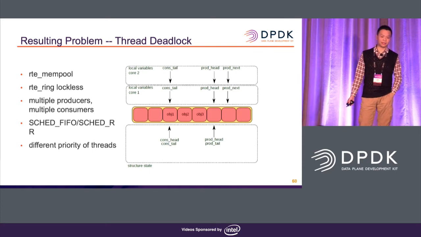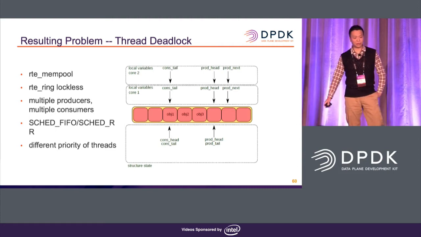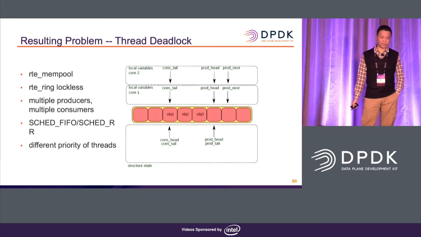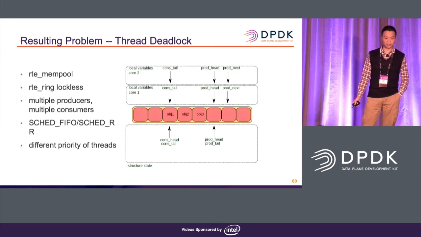Well, let's see how this thread deadlock happens. We use RTE mempool, and the RTE mempool uses RTE ring, which uses a lockless mechanism. And we use multi-producers and multiple consumers.